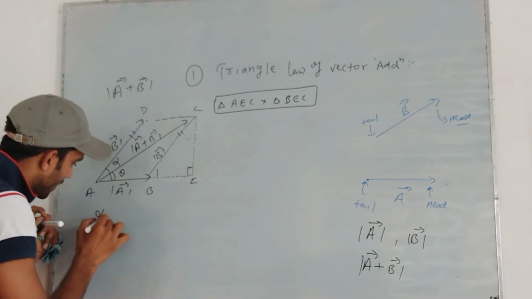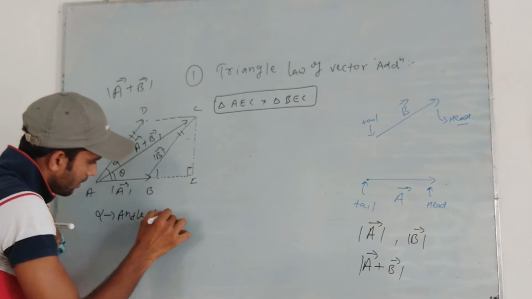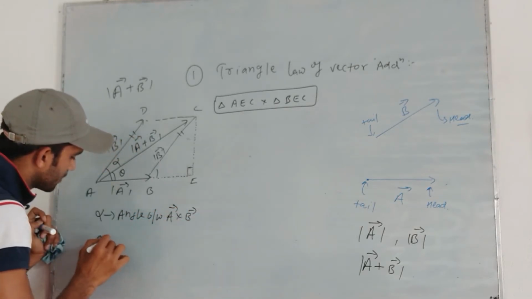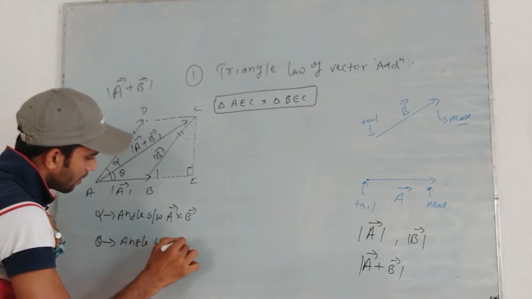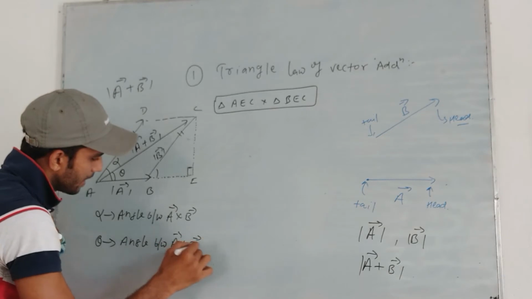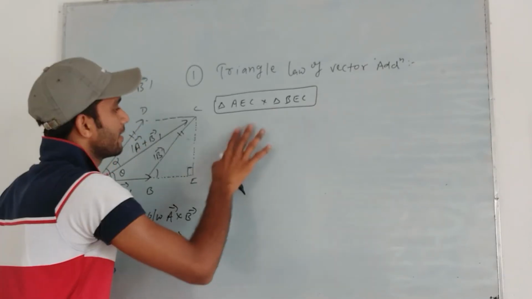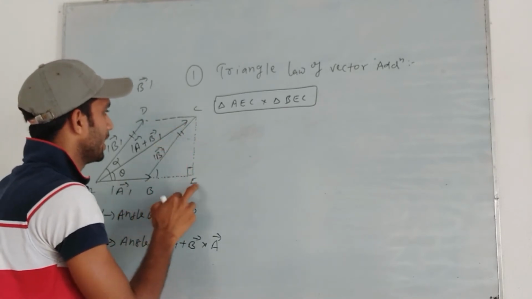So alpha is the angle between vector A and vector B, and theta is the angle between vector A plus B and vector A, right? Write the trigonometric ratio in triangle BEC to find BE and EC, right?